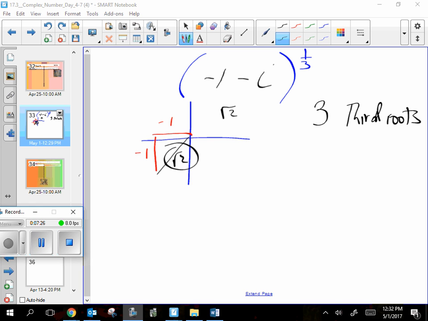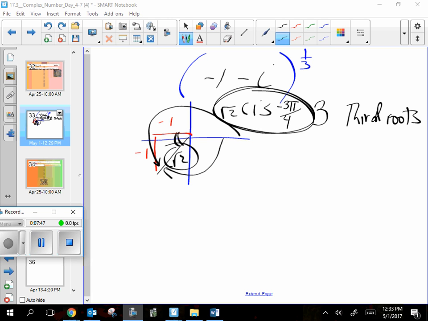All right, because r's are defined as positive, so be careful with that. And then it's cis, and then this angle here is a 45, also known as pi over 4. But you got to get to it this way, because it would be past 1 whole if you go that way. So negative 3 pi over 4. Raise your hand if you had the correct cis form for it.